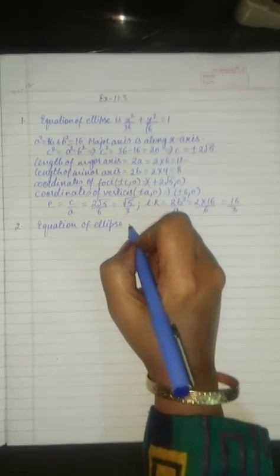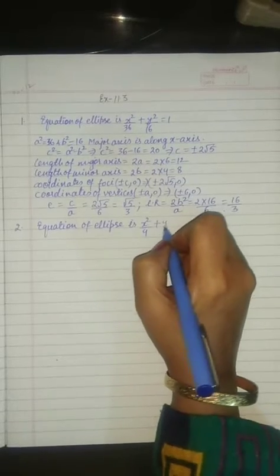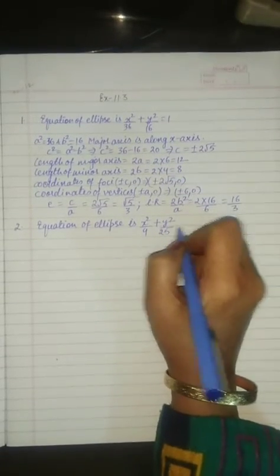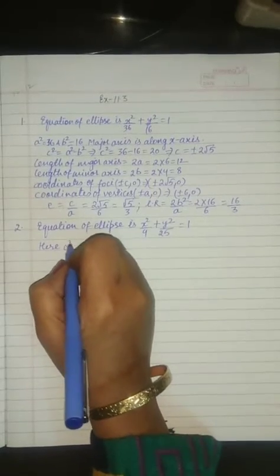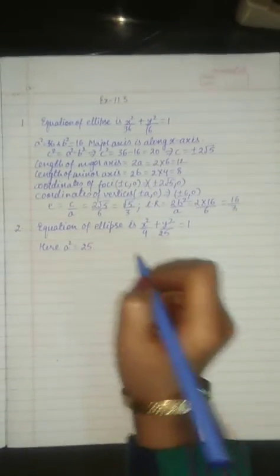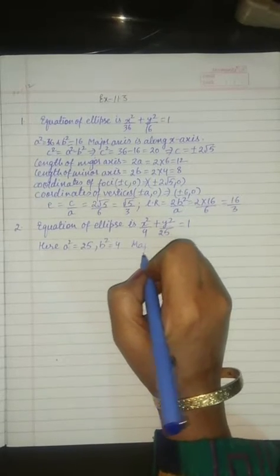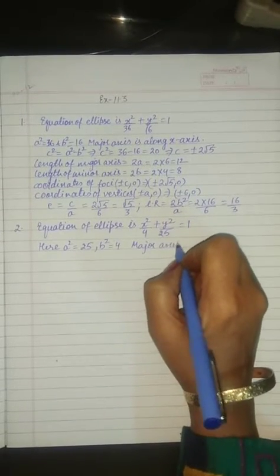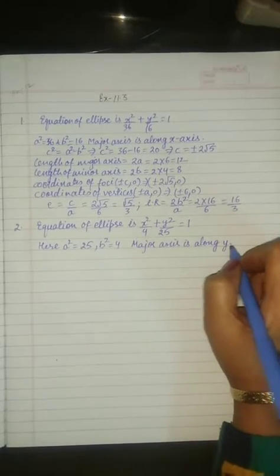given as x square by 4 plus y square by 25 is equal to 1. So here a square is equal to 25 and b square is equal to 4. So the major axis of the ellipse is along the y-axis.